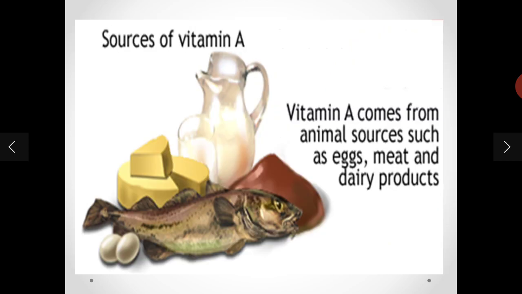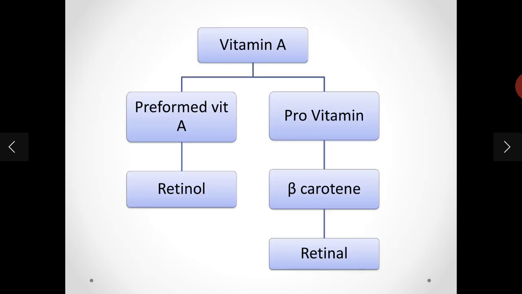And coming to sources of vitamin A, that is eggs, meat and dairy products. The vitamin A which is preformed is retinol, and the provitamin, the beta carotene, can be converted to retinol, and that can be converted to retinoic acid and retinal.